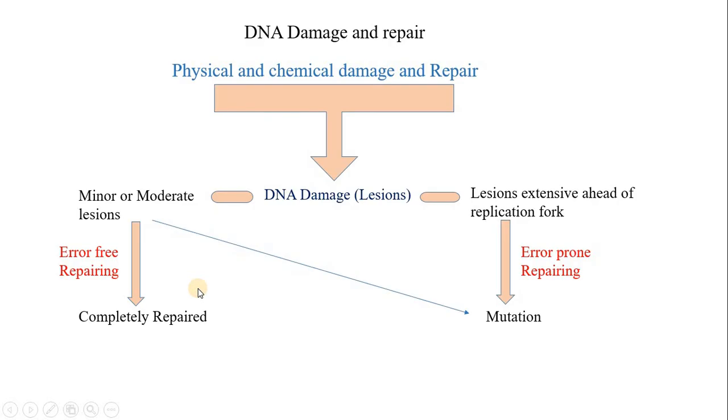There are different DNA repair systems, and these could be error-free repairing or error-prone repairing. Error-free repairing leads to complete repair of DNA damage, whereas error-prone repairing can lead to mutations.